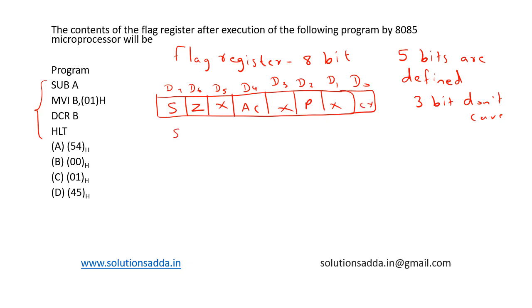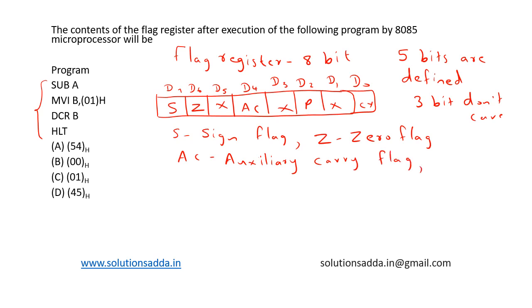So S stands for sign flag, Z for zero flag, AC stands for auxiliary carry flag, P stands for parity flag, and CY stands for carry flag. And X are don't care.